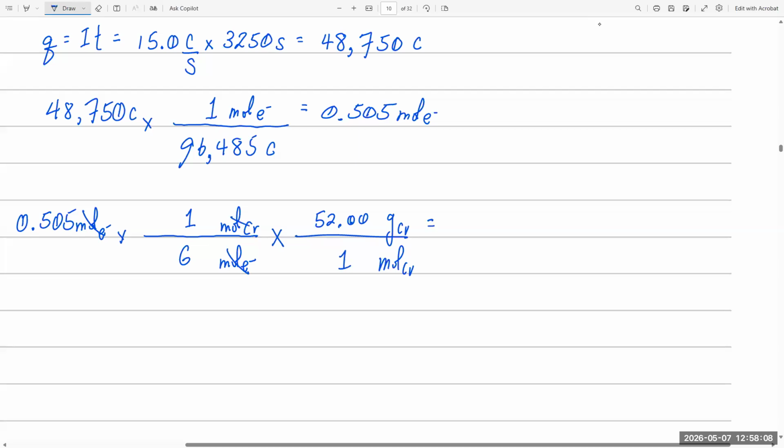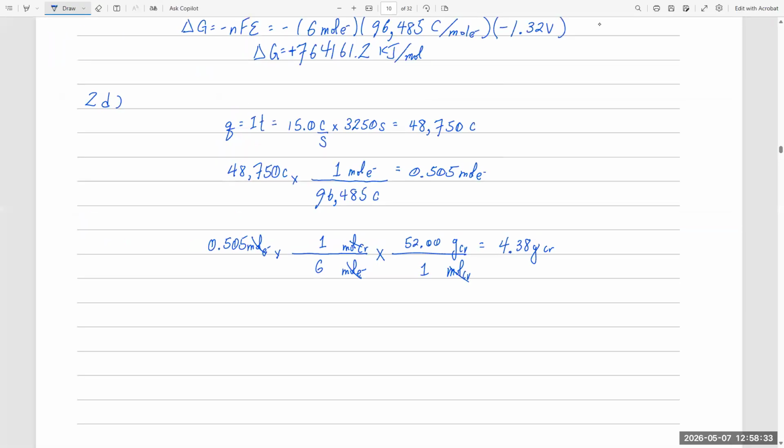That should give us the total amount of chromium that can be plated. So 0.505 divided by 6 times 52 gives me 4 point, how many sig figs? 3 sig figs. So therefore 4.38 grams of Cr.